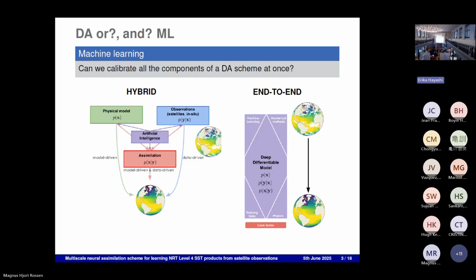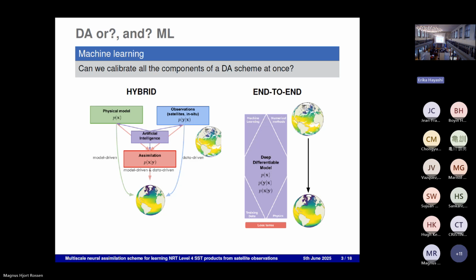And as you probably know, over the last few years, artificial intelligence changed a bit, let's say, the way we conceive the solution of the data assimilation problem with different approaches. On the left, you have the hybrid approaches, where typically you will keep the same system, the same operational pipeline as before, but you will inject some AI blocks, either in the physical knowledge, in the observations retrieval, or in the assimilation scheme.